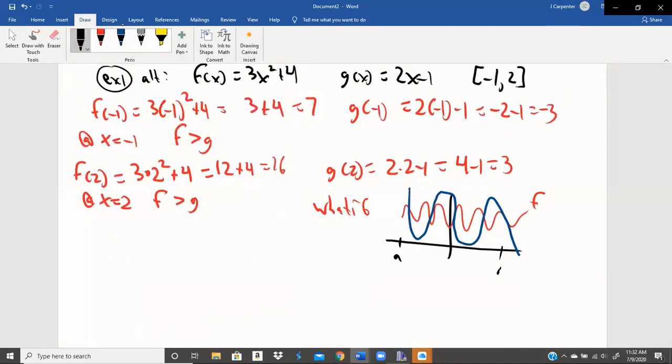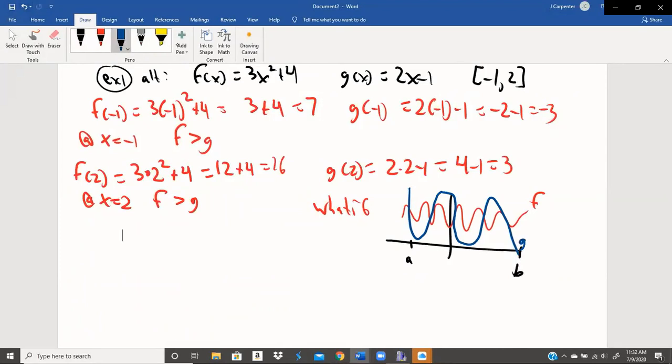I didn't set that up right. Wrong endpoints. I want to be here and here. I forgot to label g.